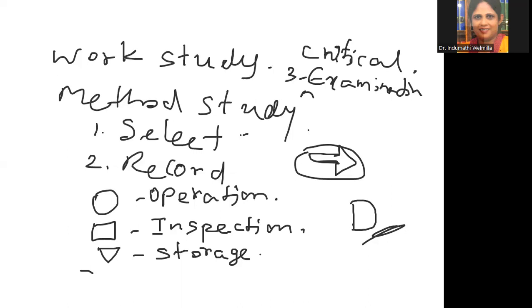Another step in this process is develop, right? Develop means an improved way of doing tasks. This is the fourth step, develop. Develop means a new method of doing the task so that productivity can be improved.